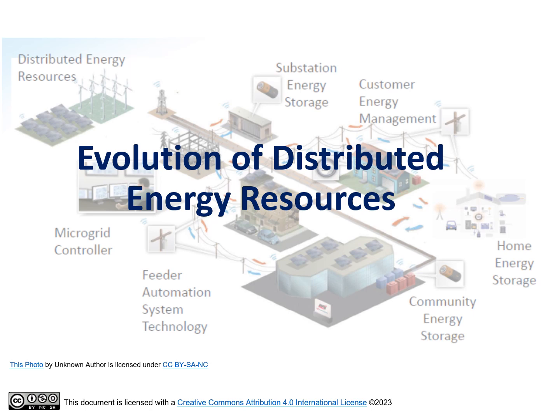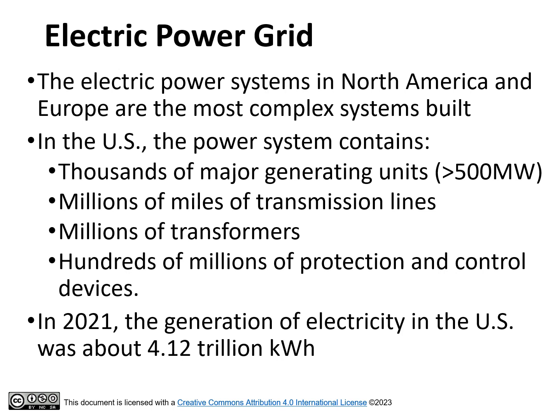Let's look at the evolution of electric power grid from centralized generation to distributed energy resources. The electric power systems in North America and Europe are probably the most complex systems ever built by humans.